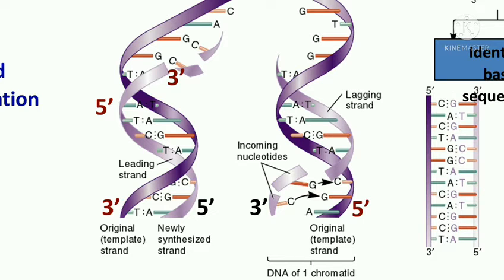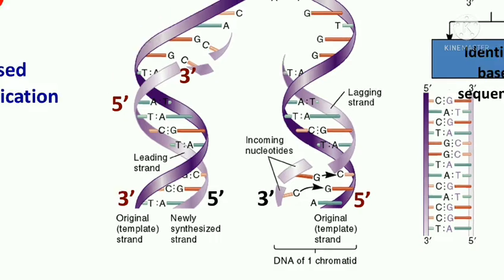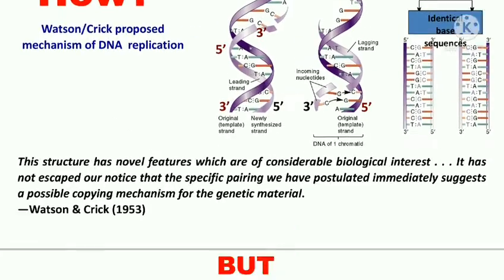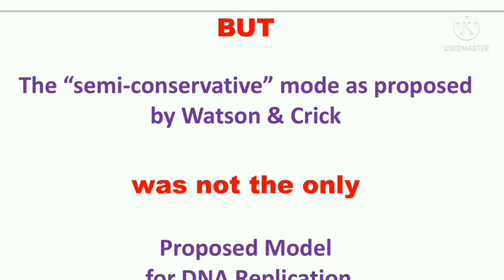This is the leading strand and that is the lagging strand. The semi-conservative mode of DNA replication in prokaryotes was proposed by Watson and Crick.